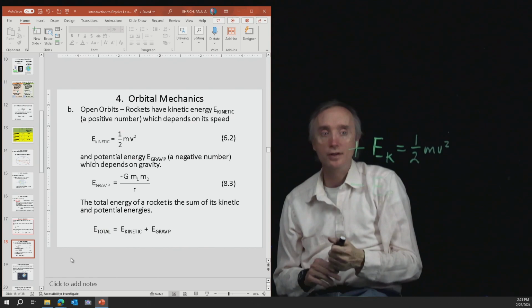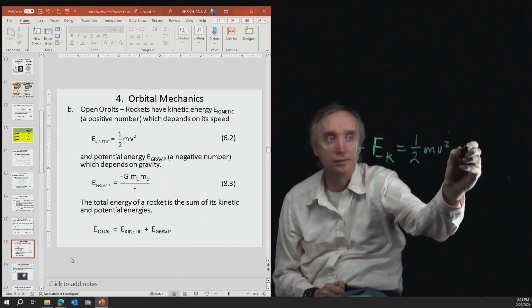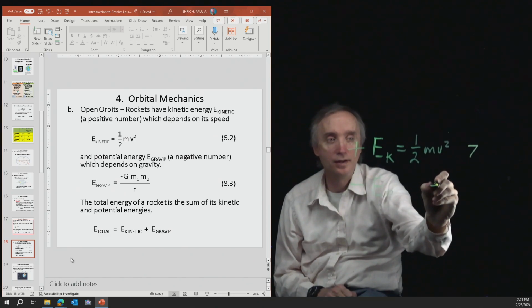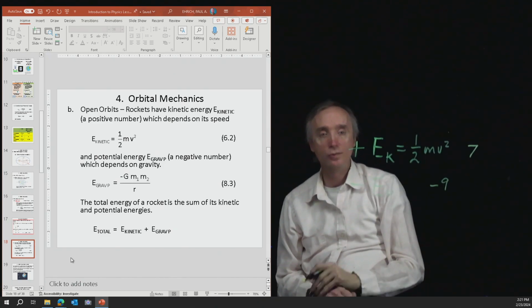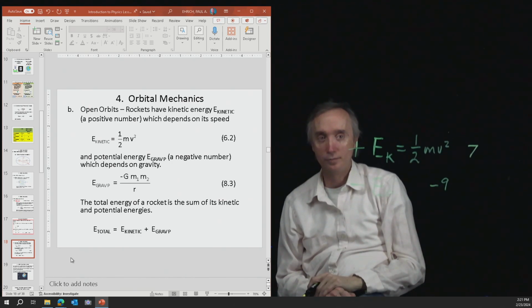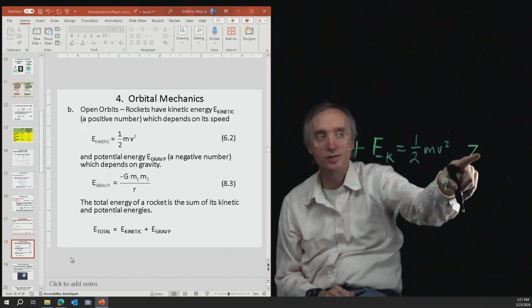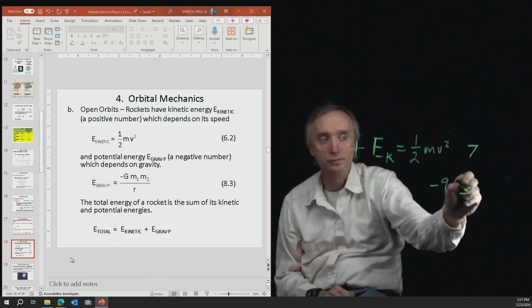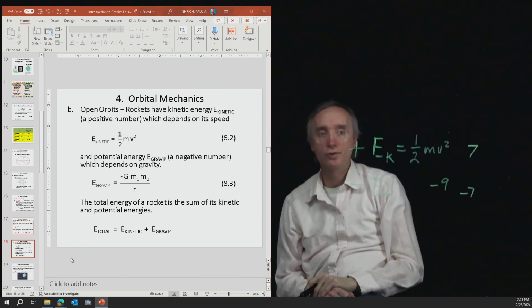But what if this was a 7 again, and this was a negative 9? Then you get a negative number. And maybe this is a 7 and this is a negative 7, and when you add them together, you get a 0.